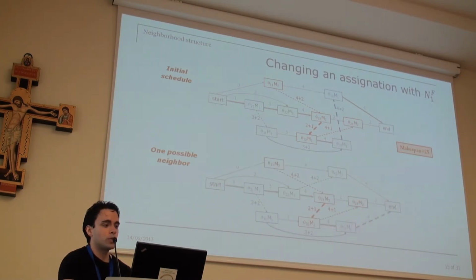And that would produce this neighbor schedule with a makespan lower than the original schedule. This is because machine 3 was underused in the initial schedule, only processed one task, and now processes 2 tasks, it is more balanced, so the makespan is lower.